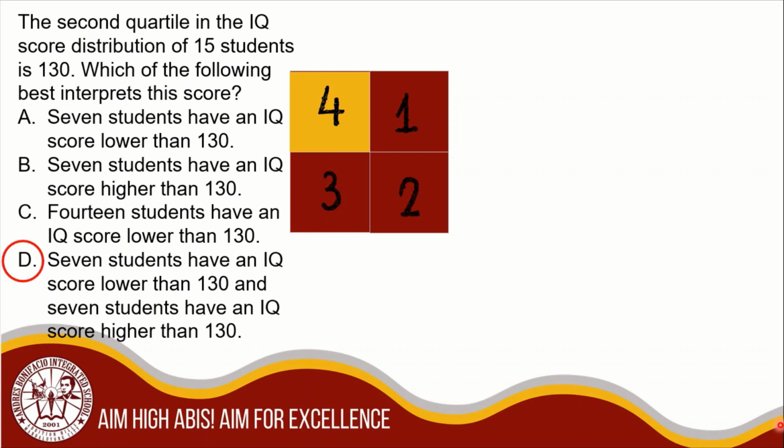The answer is letter D. 2nd quartile, 5th decile, and 50th percentile, they are all equal to the median. Ibig sabihin, they divide the given data set into two equal parts. Since 15 students ang involved at ang median natin ay 130, ibig sabihin, yung lower half na 7 have an IQ score lower than 130 and the upper half 7 students have an IQ higher than 130.